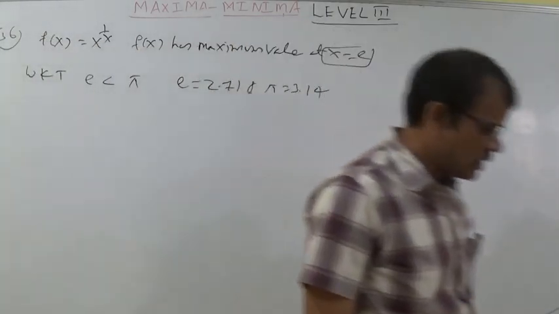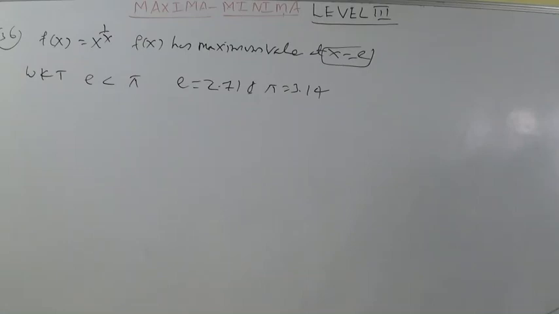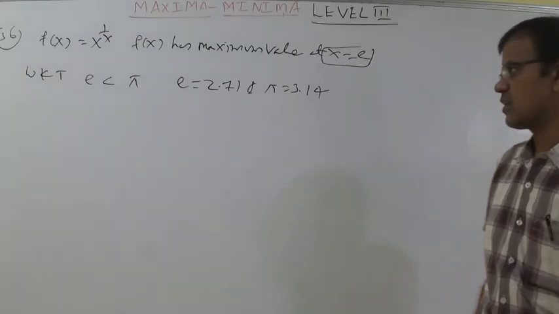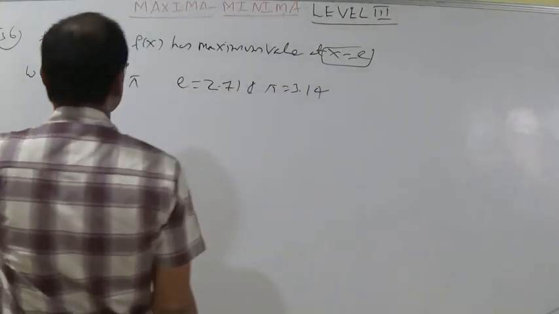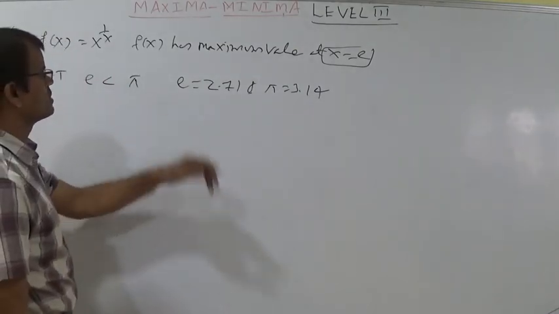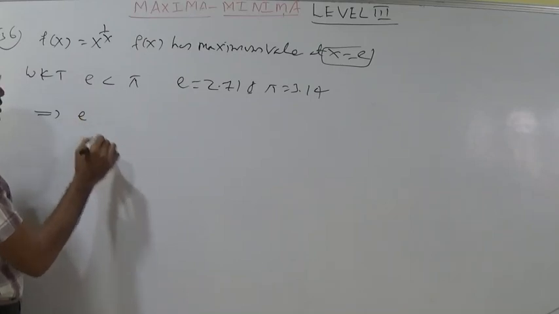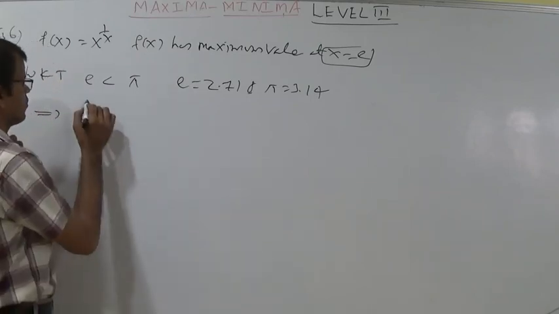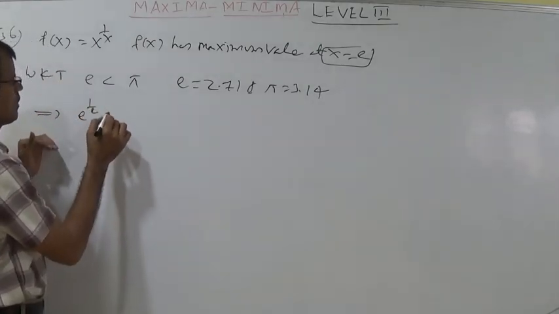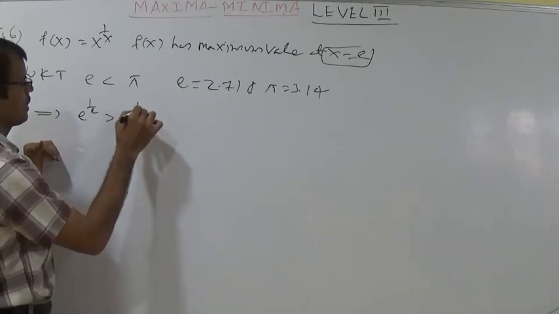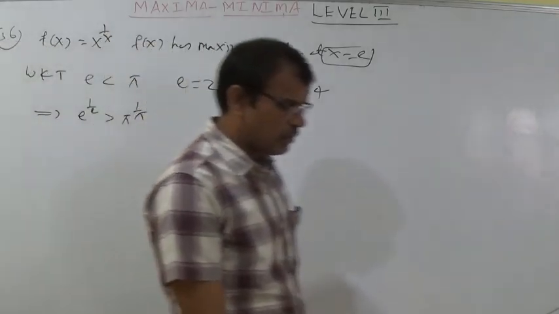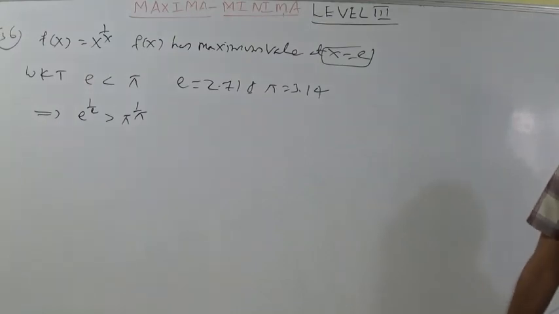Whenever e is less than pi, raising the power 1 by e, e power 1 by e is greater than pi power 1 by pi.